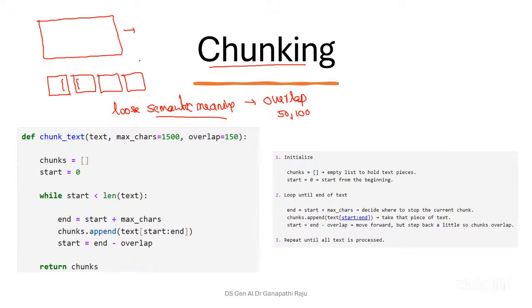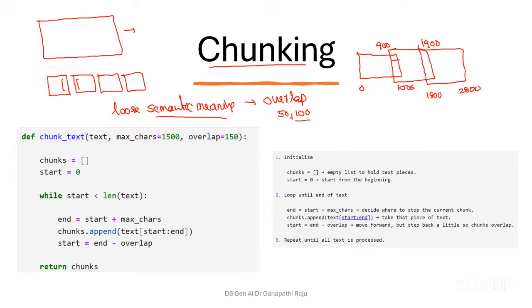Then how will chunking be done? Look here. I take a document from 0 to 1000, meaning 1000 characters. Now I consider the overlap as 100 characters. My second chunk starts from 900, so 900 to 1800, and the next one 1800 to 2800.